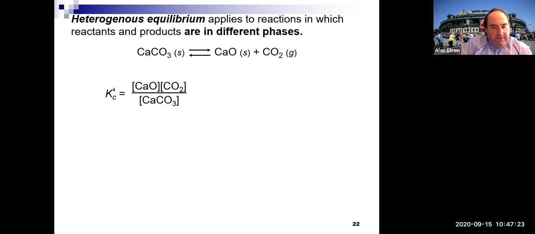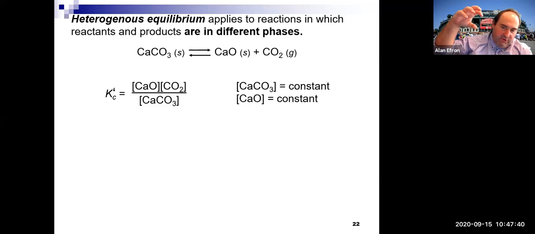And we can write an equilibrium expression. But as I mentioned earlier, if something is a solid, just like the liquid, it really will not participate in an equilibrium. The reason for that is, if you think about it, it's like you drop something solid into a beaker. It's just going to sit there and it can't really participate in anything.